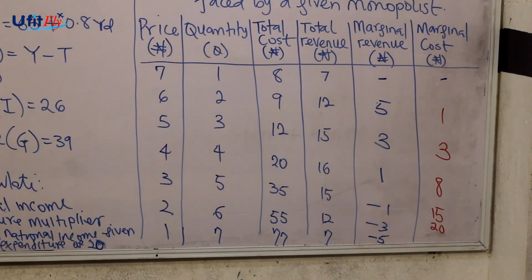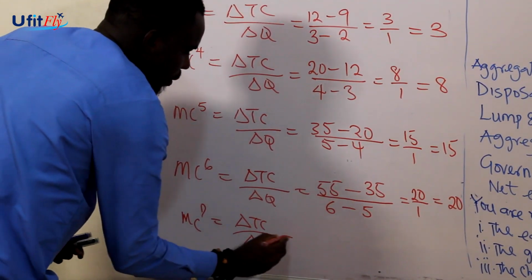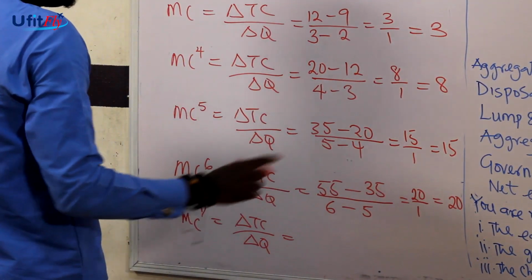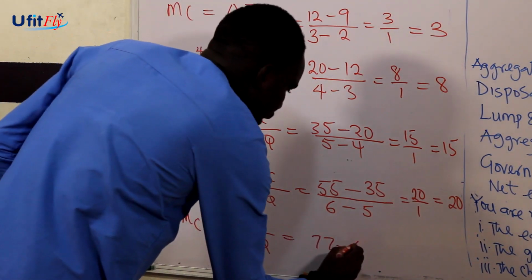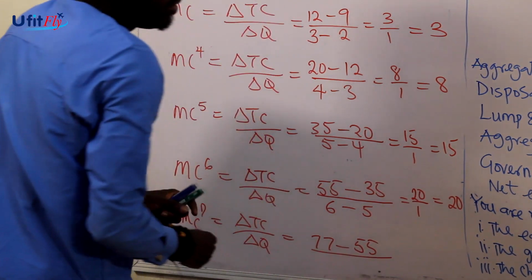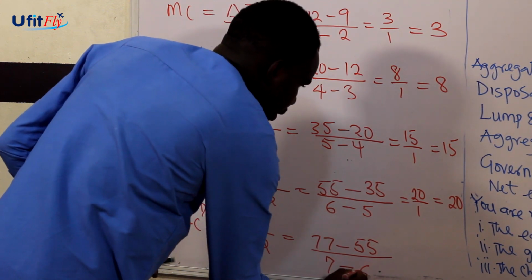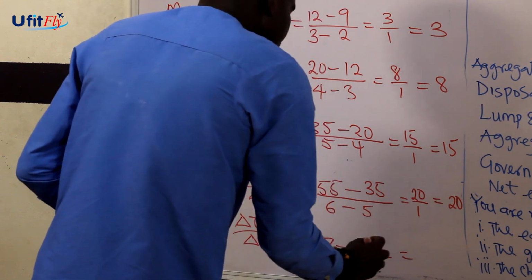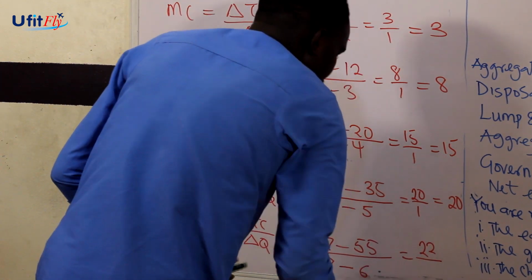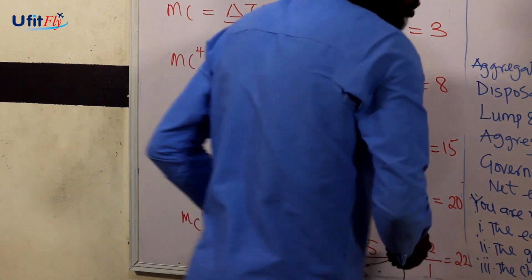And lastly, at output 7, the marginal cost is change in total cost with respect to change in Q. At output 7, the total cost is 77. The initial cost is 55. The actual unit is 7. The initial unit is 6. So, at output 7, the change in total cost is 22, and change in output 1. Marginal cost is 22.